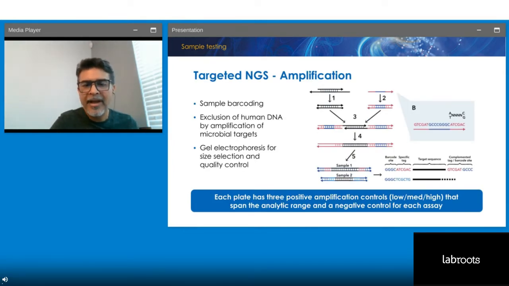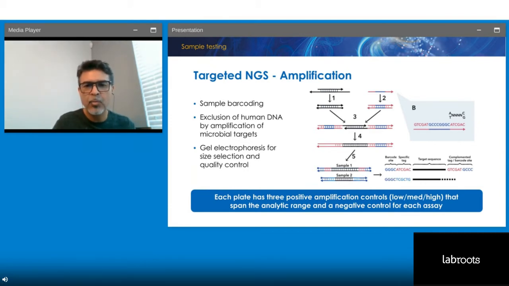In targeted NGS, the amplification itself is also a process for quality assurance. All the samples that are batched together are barcoded. So we have a specific sequence of known DNA that is attached to every DNA of every sample.